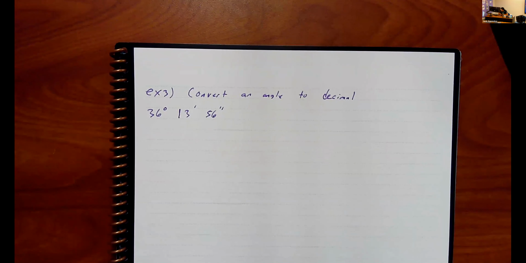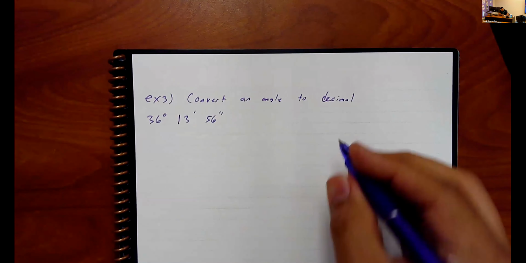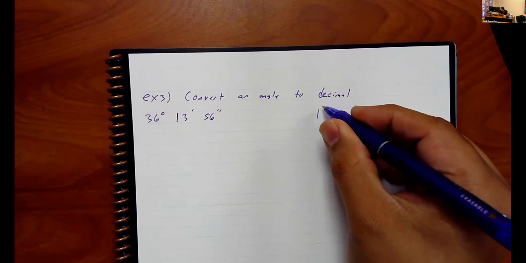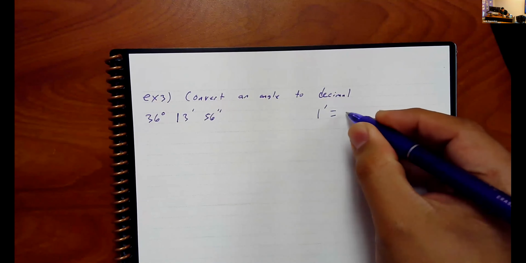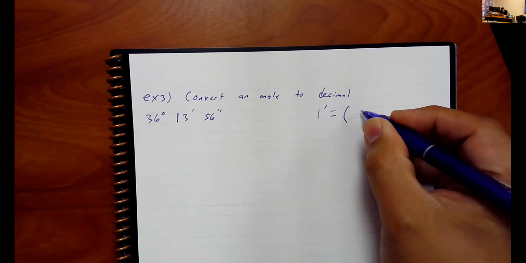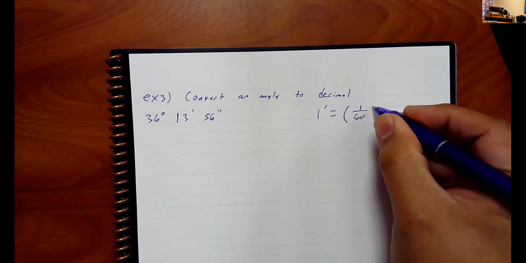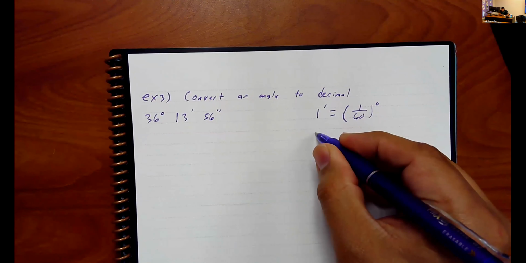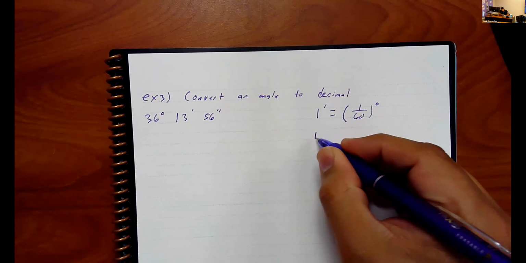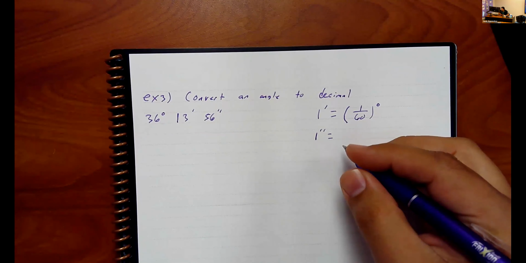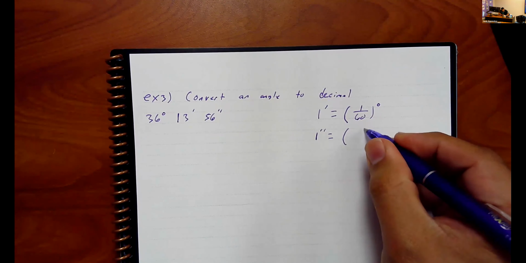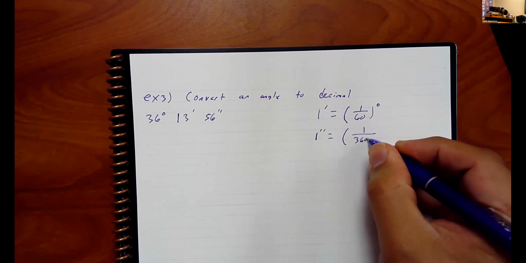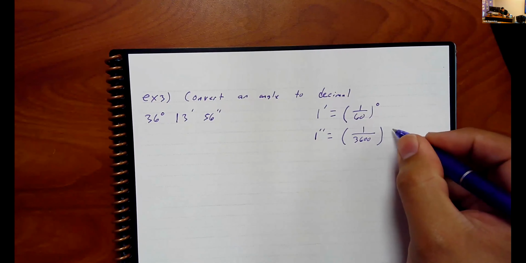If I want to change it to just a plain angle, we're going to need this stuff. 1 minute is equal to 1/60 degrees. 1 second is equal to 1/3600 degrees.